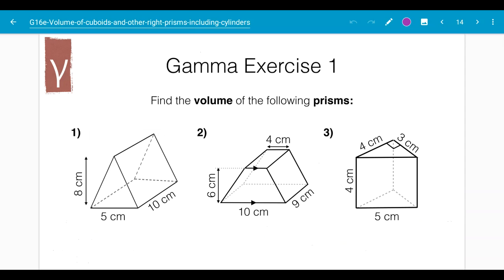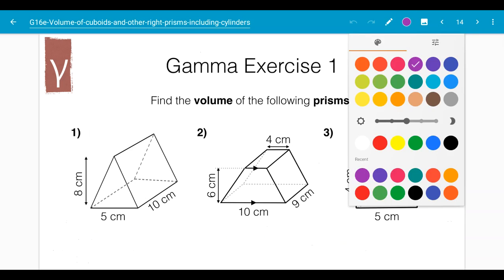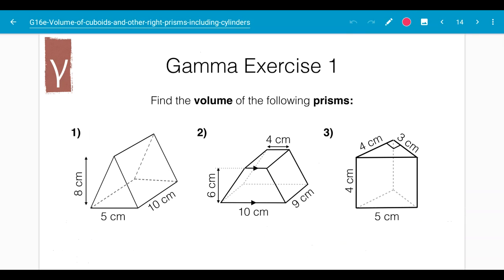Perfect. All right, I'll leave these for you. What I will say is on this one, don't forget the area for a trapezium is A plus B divided by 2 times the height.